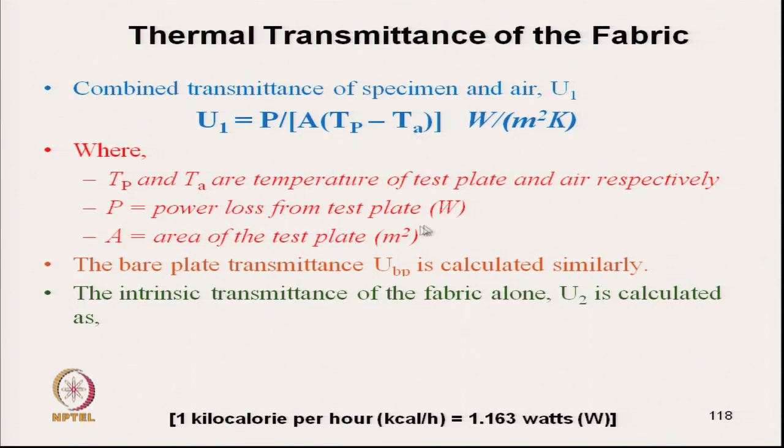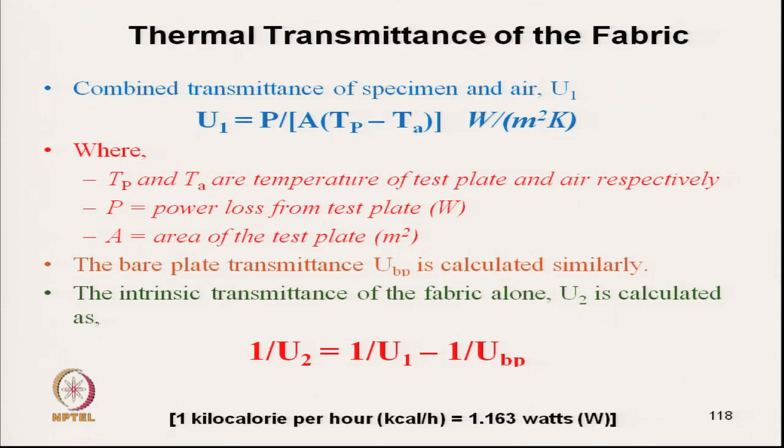P is the power loss by the test plate, A is the area, and this is actually combined with the air. Now, we can measure the thermal transmittance of air by the bare plate test without any fabric, and from there we can calculate the thermal transmittance of the fabric itself.